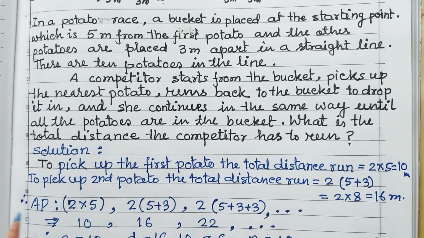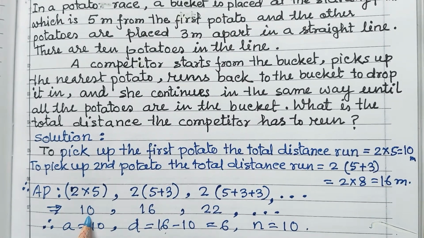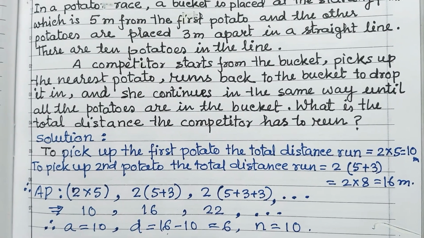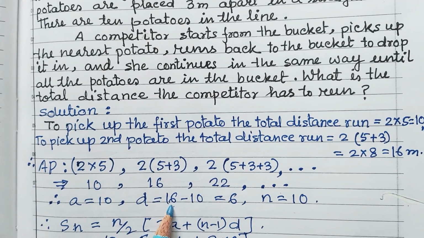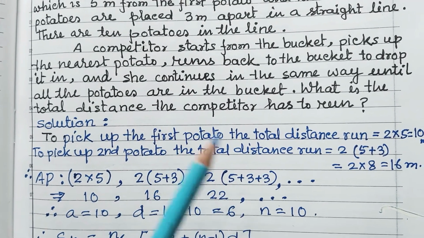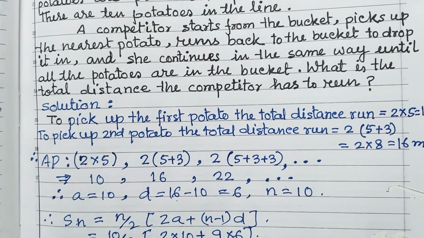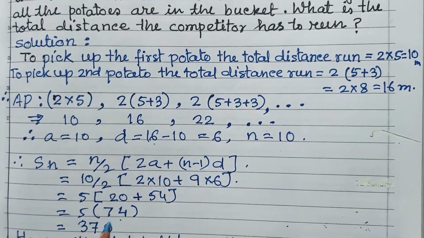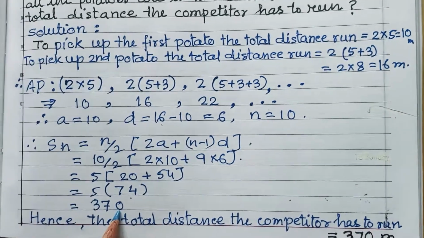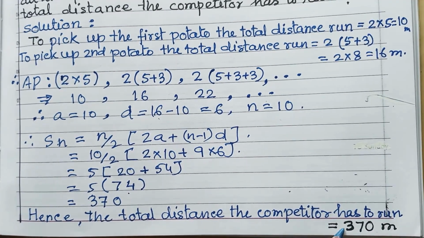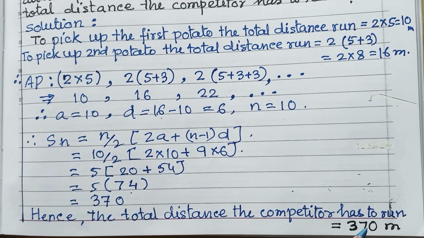In this way we have got the AP 10, 16, 22. a is 10, d is equal to 16 minus 10, it is 6, and n is 10 as there are 10 potatoes. Now easily you can substitute the values, and by calculating it is 370. Hence the total distance the competitor has to run is 370 metre. Thank you very much.